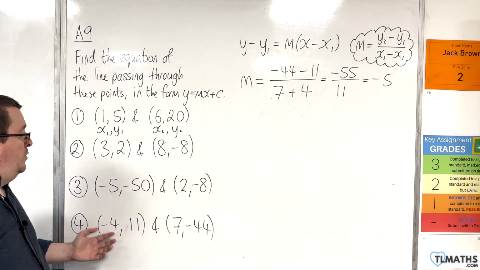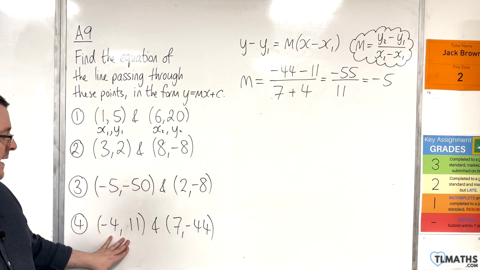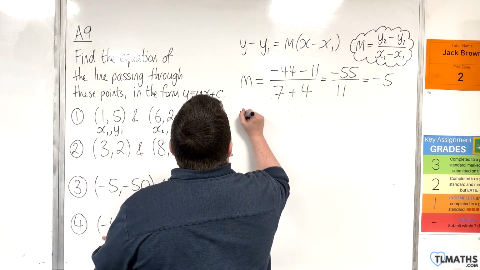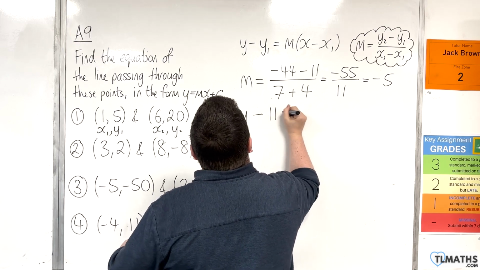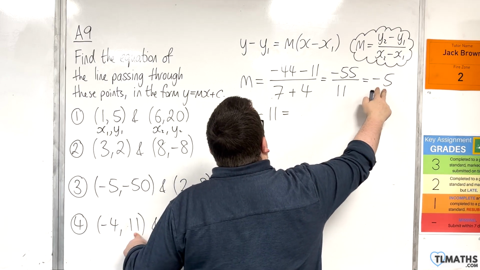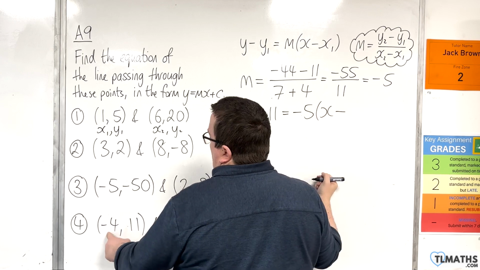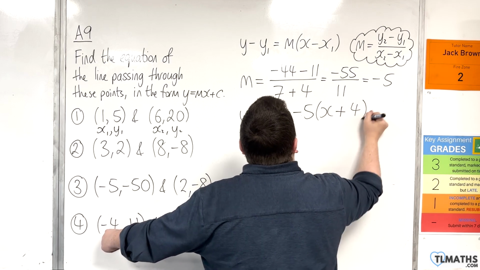So now we choose which pair of coordinates is probably easier to substitute in. I'm thinking this one, minus 4, 11. So we have y minus y1, so take away 11, is equal to minus 5 times x take away x1, so take away minus 4 is plus 4.